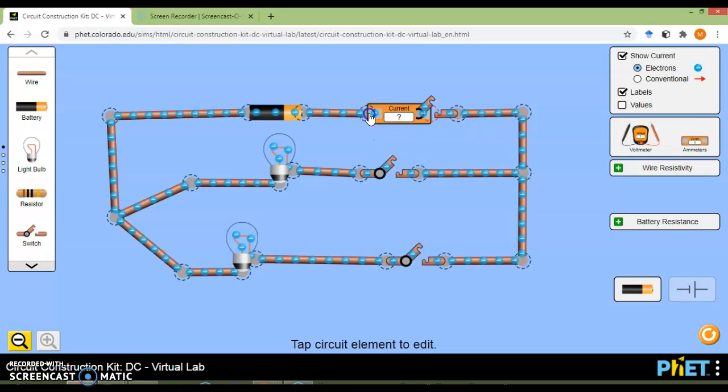So as you can see here in this case, it is indicating 0 ampere for the main current coming out of the battery.